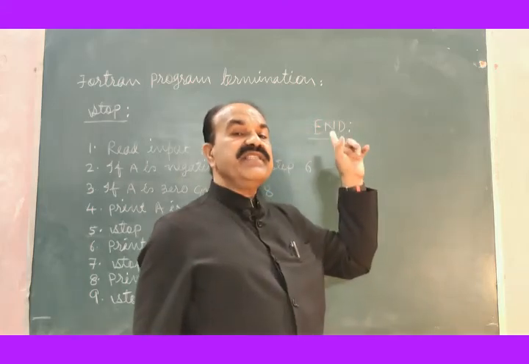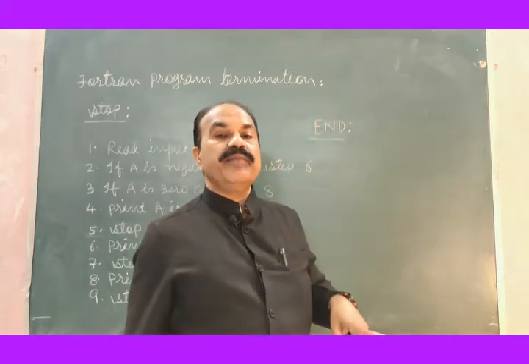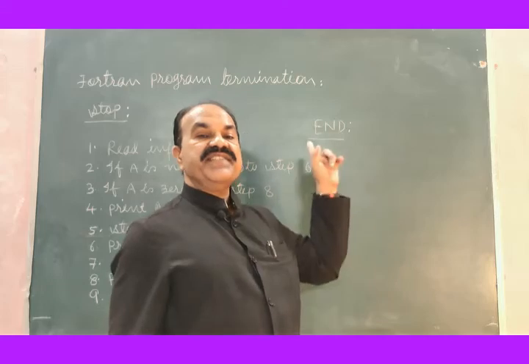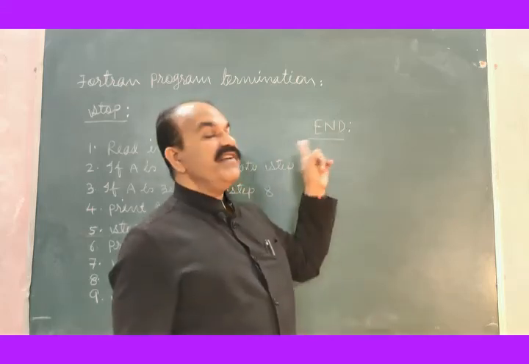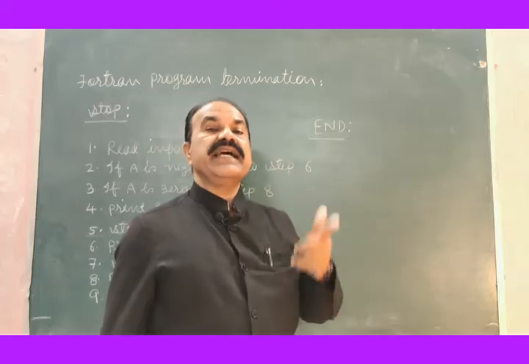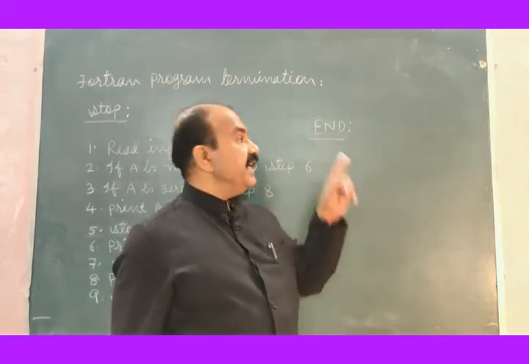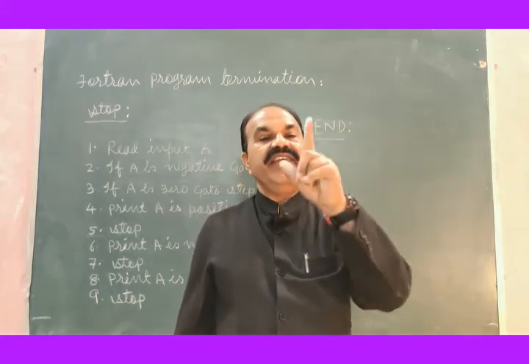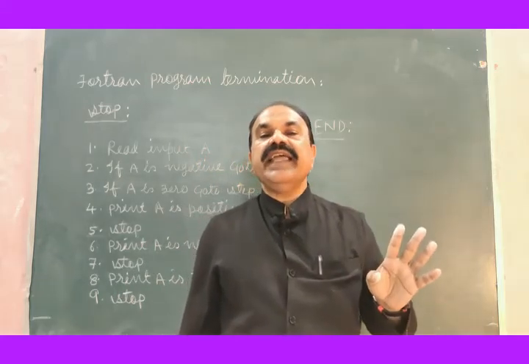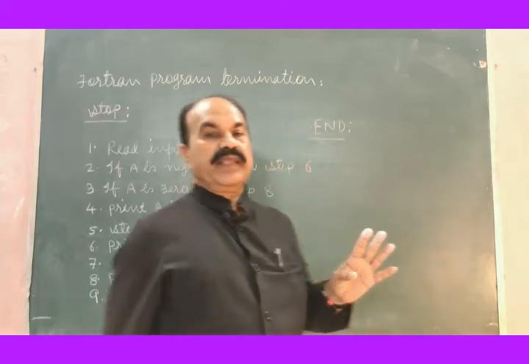The end statement is the last statement of a program. It tells the computer that there is no need to go further. It is used only once and is always placed at the end of the program.